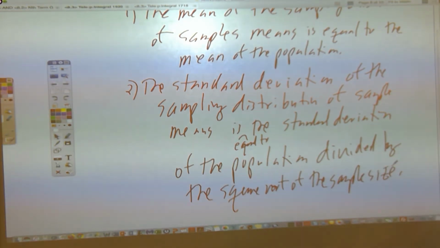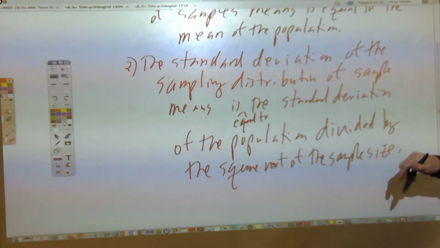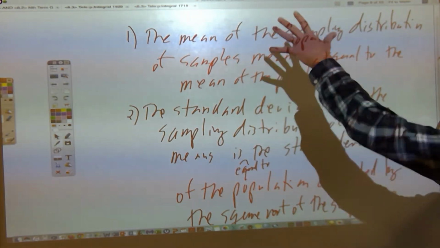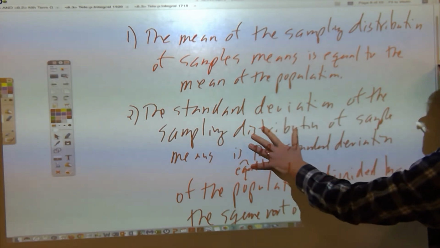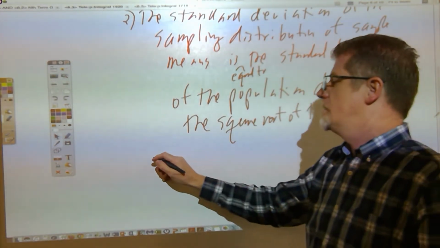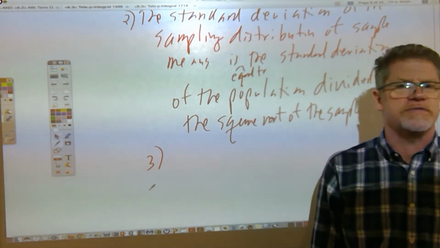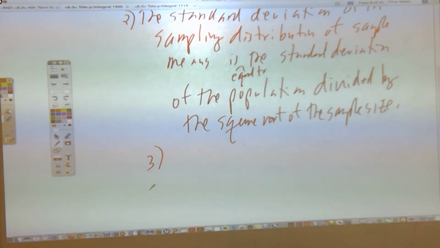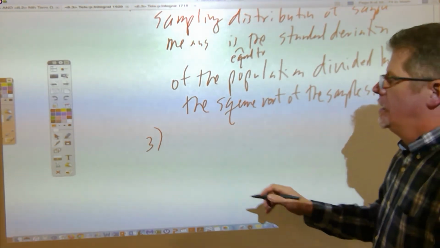Okay. And then, part 3 was what's the shape? Shape, center, and spread. Here's center, here's spread, so part C was shape. What's the shape of the sampling distribution of sample means? Here we go.